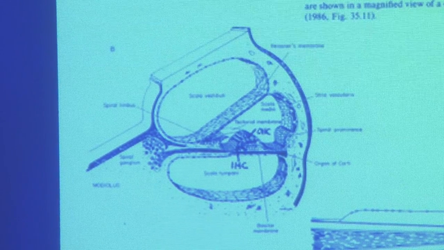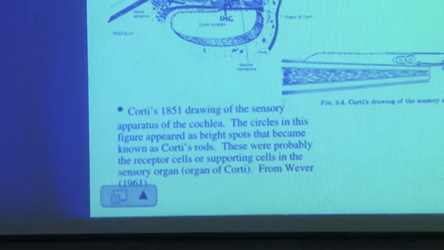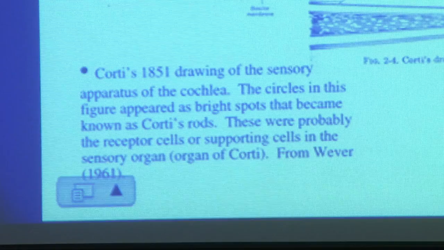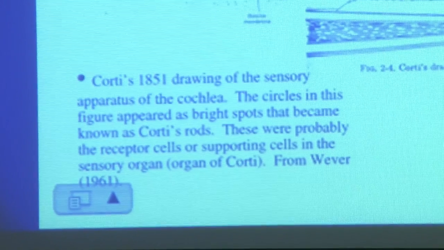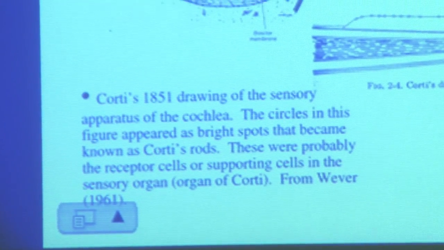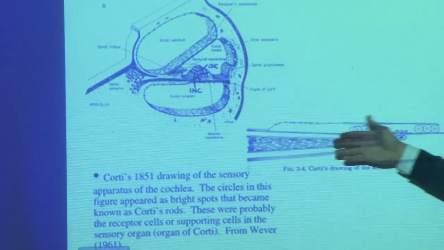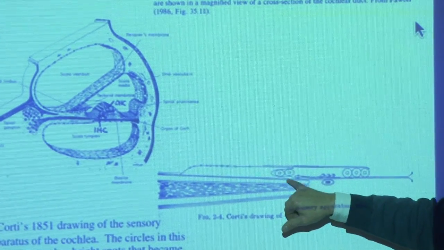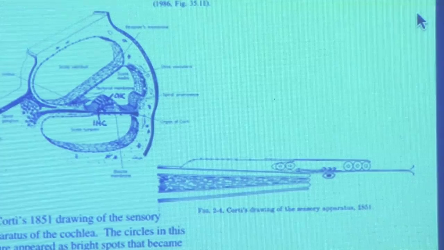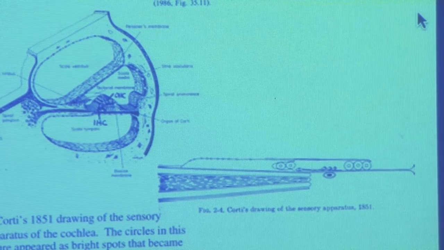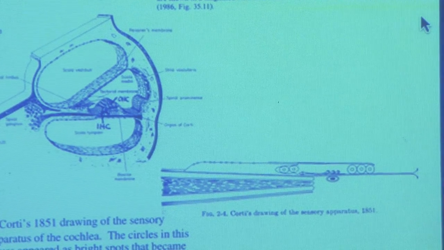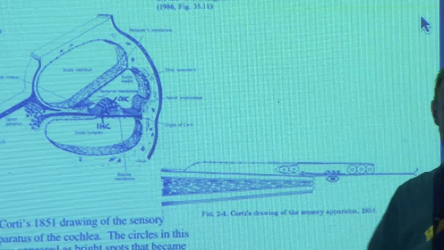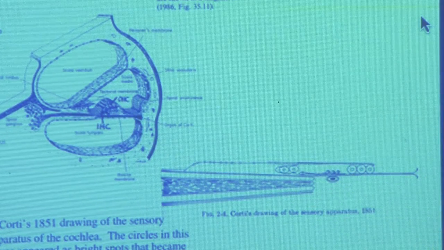And Corti was one of the first Italian neuroanatomists to really draw the structure correctly, although he got it a little bit wrong. These round circles are the outer hair cells. If you cut this in cross-section and look at this in a magnified version, there's only one inner hair cell. He put 2 in his drawing. Okay, so it's a little bit incorrect. But his name is now attached to the organ. The organ of Corti is where the hair cells are, and there's a whole bunch of other supporting cells that keep the hair cells in their place.